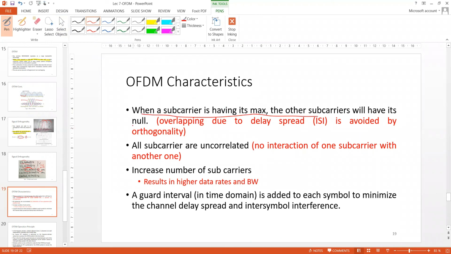This is a very important characteristic, and it is the characteristic that actually avoids inter-symbol interference. We have been emphasizing again and again that all the subcarriers should be orthogonal to one another, and it is the orthogonality of the subcarriers which enables this particular characteristic. It states that when one subcarrier is having its maximum, all the other subcarriers will have their minima.